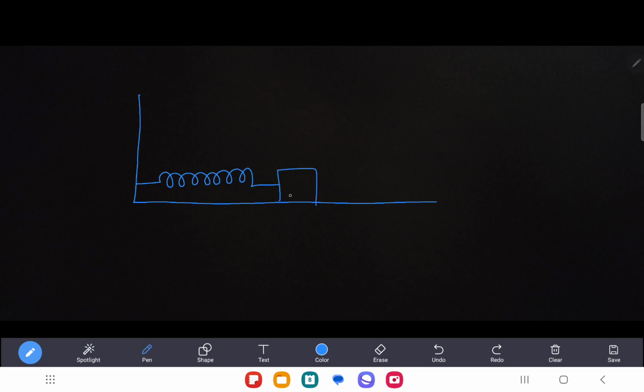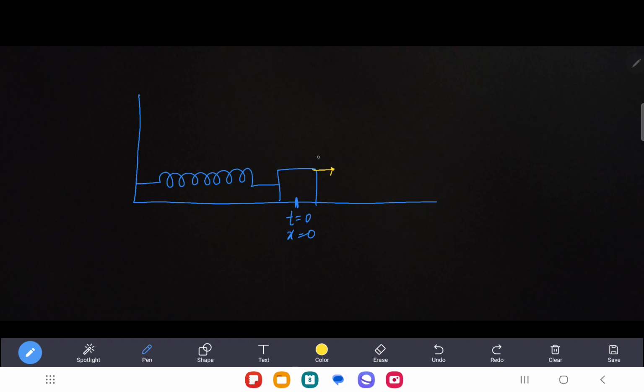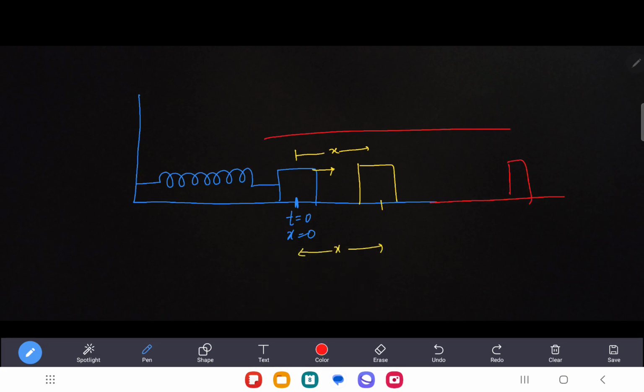For example, in the previous example, if I had this particular spring, this is a box, right? This is at its starting rest position at x equals 0. If you pull it forward by a little bit, by x, you are displaced by a distance x, and there might be a possibility that I pull you more.